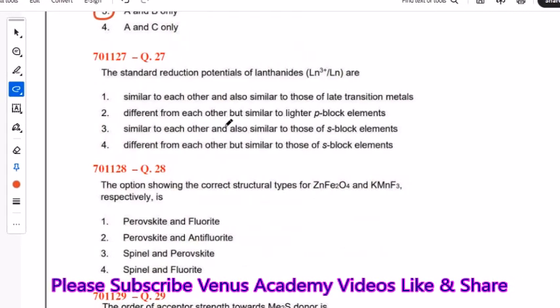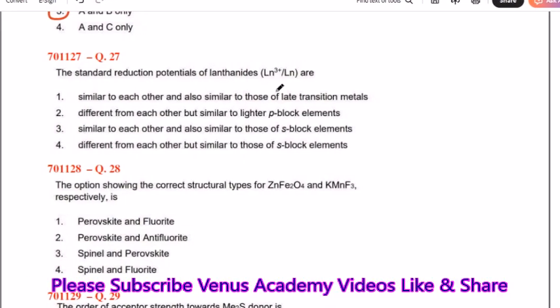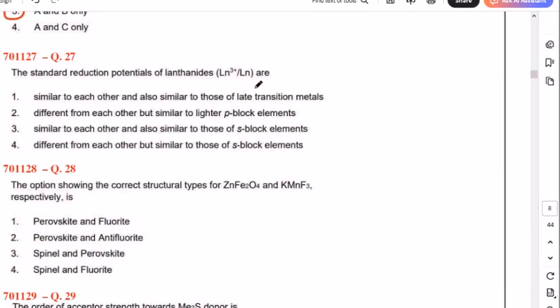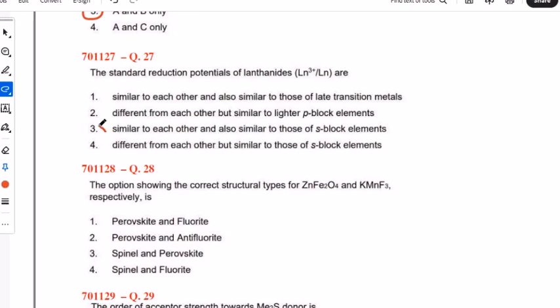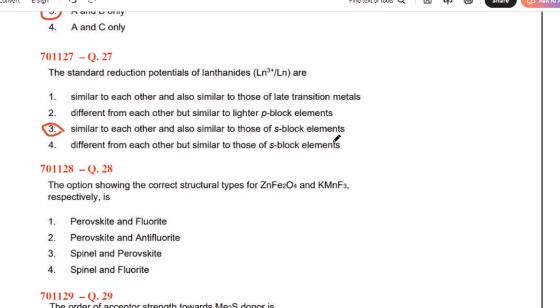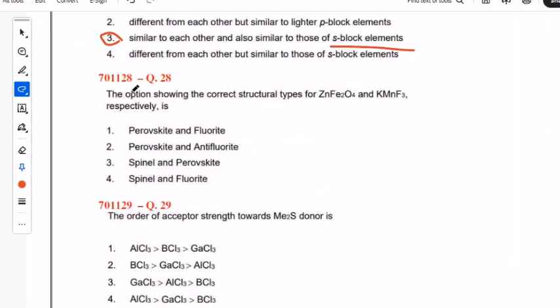Next, question number 27. The standard reduction potentials of lanthanide 3 plus to lanthanide are option number 3, similar to each other and also similar to those of S block elements. Option number 3 is the correct option, friends. Next, question number 28.